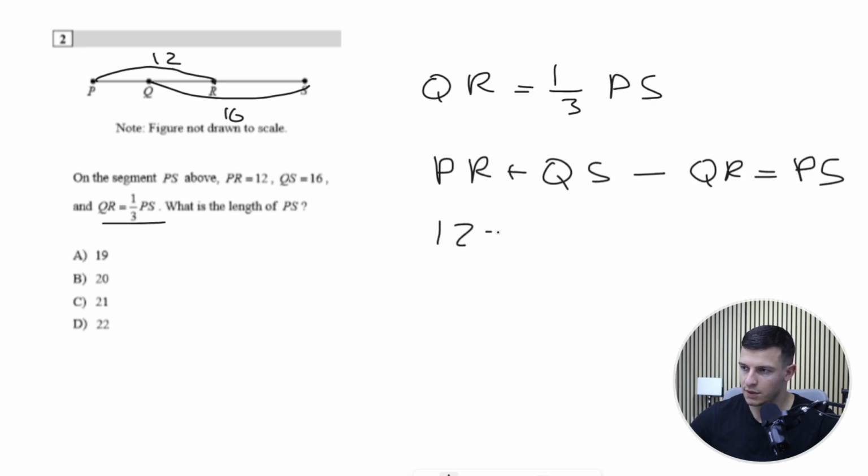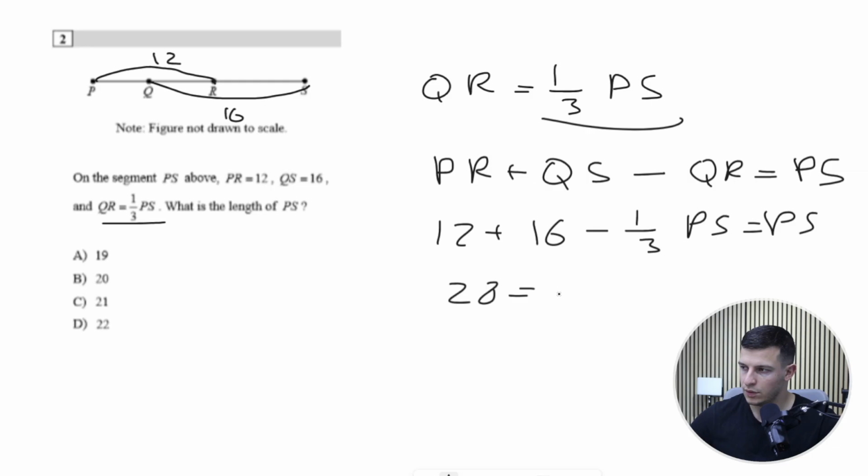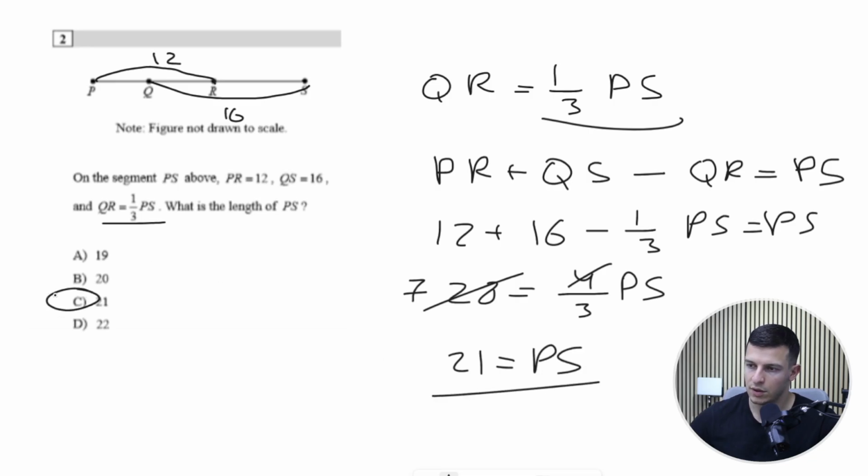Fair enough? So PR is 12, QS is 16, minus QR. Now we can do the substitution here, which is 1/3 of PS, is equal to PS. 28 is equal to, move the 1/3 of PS to the other side, that's going to be 4/3 PS. And now we can do some cross multiplication. Before the cancellation, 7 times 3 is 21. So PS is equal to 21.